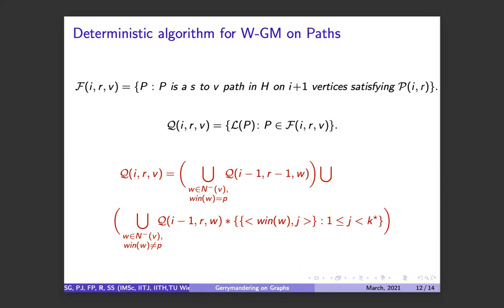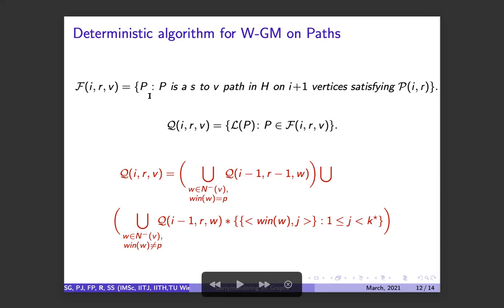Now we want to keep track of the labels, so we define this family Q_irv corresponding to the family F_irv. This is where I'm storing all the labels of this path.